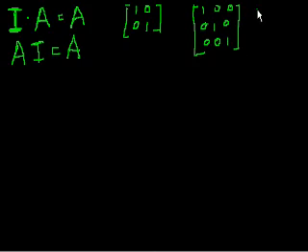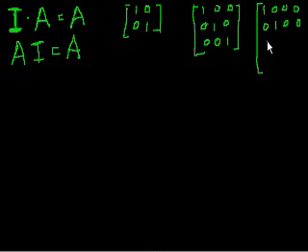If you want a 4 by 4, the identity matrix is 1, 0, 0, 0, 0, 1, 0, 0, 0, 0, 1, 0, 0, 0, 0, 1. We could extend this to an n by n matrix. You just have ones along the top left to bottom right diagonal, and everything else is a 0.